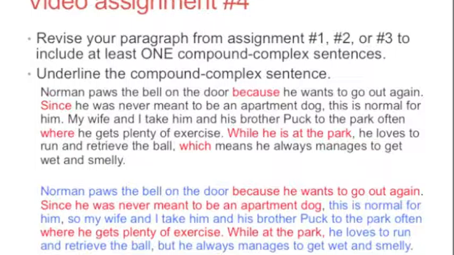So while at the park, dependent clause, he loves to run and retrieve the ball, independent clause, but he always manages to get wet and smelly, independent clause. But you can see there, since I have two independent clauses joined by but, with a dependent clause, it qualifies for a compound complex sentence. So the first sentence here, complex sentence. The second sentence, compound complex sentence. And the last sentence is a compound complex sentence.